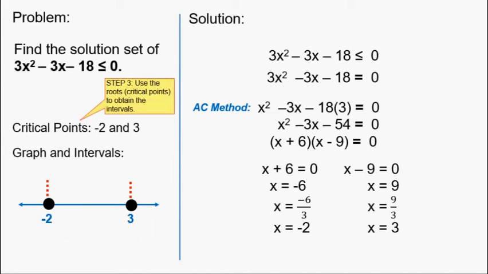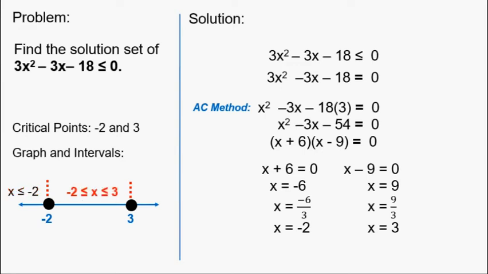Kaya dito sa interval, meron tayong, ayan, x is less than or equal to -2. O ito yung mga values or numbers na mas mababa or equal sa -2. X is greater than or equal to -2 but less than or equal to +3.